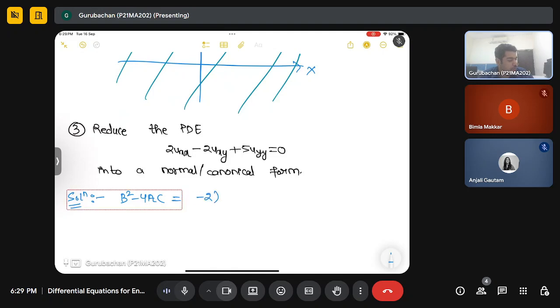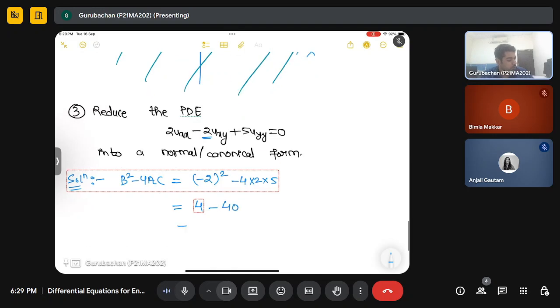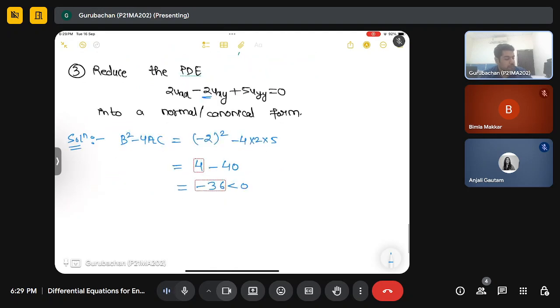Since b is minus 2, I am writing somewhat directly because we are aware how to calculate it now: 4 minus 4 into 1 into 5, so 4 minus 20. Wait, as written: this will give you minus 36, which is less than 0. That means the given PDE is elliptic.